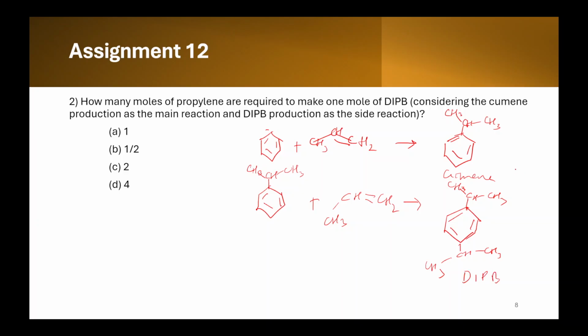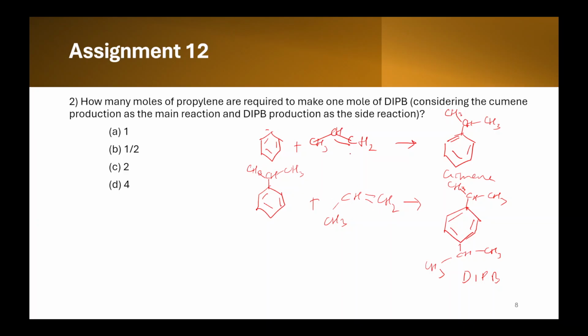So if this is the main reaction and this is the side reaction, in this system, to make DIPB you require two propylene, because firstly this propylene would react with benzene to give us cumene, and then this cumene is again reacted with propylene to get DIPB.